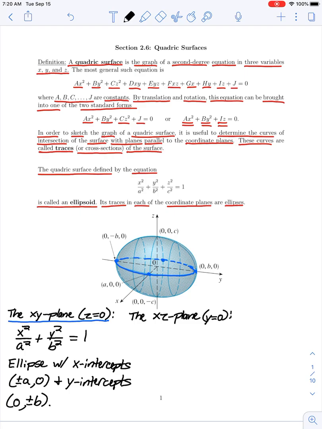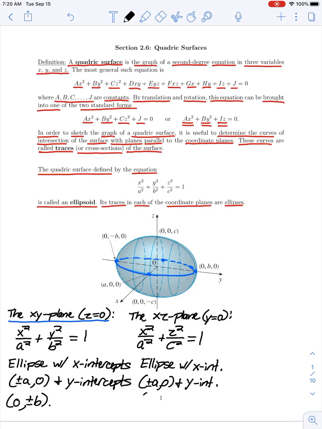So if we take the equation of our ellipsoid and we set y equal to 0, we would have x squared over a squared plus z squared over c squared is equal to 1, which again defines an ellipse whose x-intercepts are plus minus a and 0, and whose, excuse me, not y-intercepts, but here we're in the xz plane, so our z-intercepts would be 0 plus or minus c.